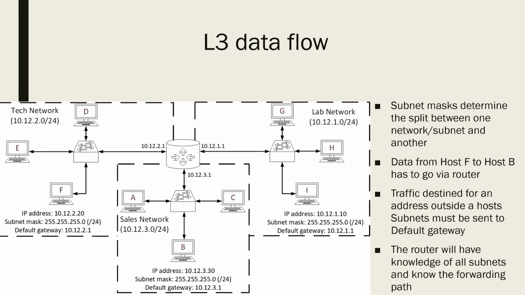And that range, in this case of a 24, and I'll explain where we derive this from later, can be from 0 to 255 in the very specific case of a /24. And that means from a router's point of view, if you're trying to reach an IP address inside that specific range of addresses, well, you just send the traffic out of this interface here, and then you eventually get to it somehow based on the layer 2 networking.